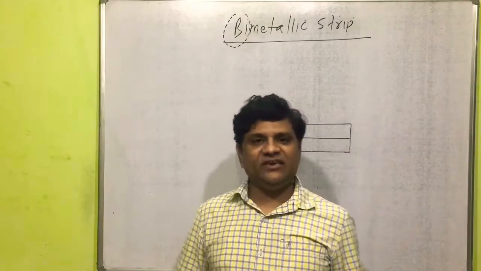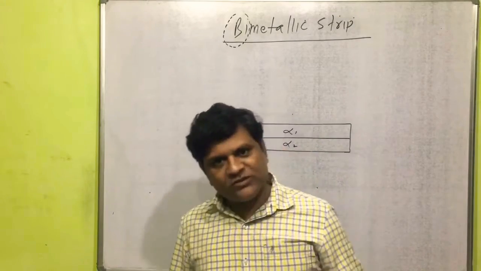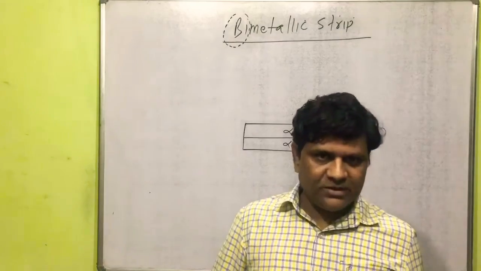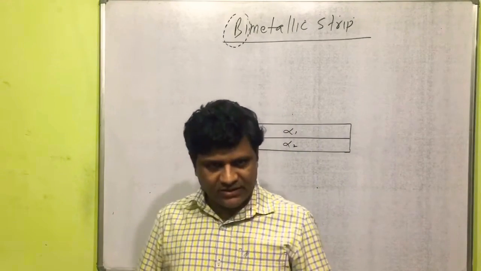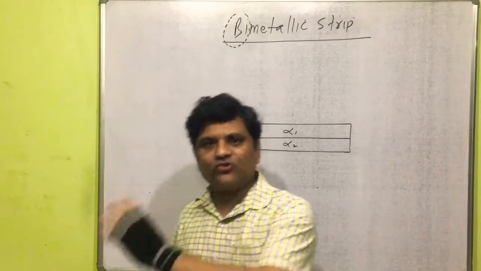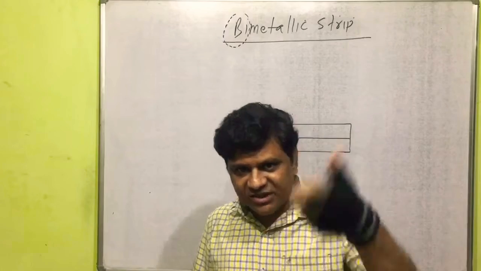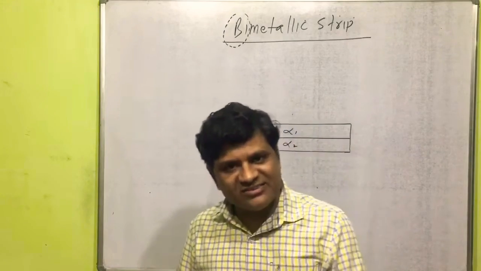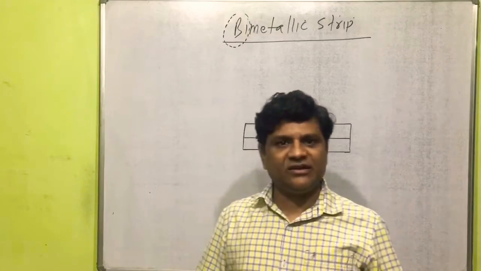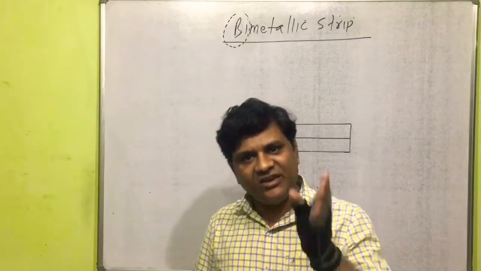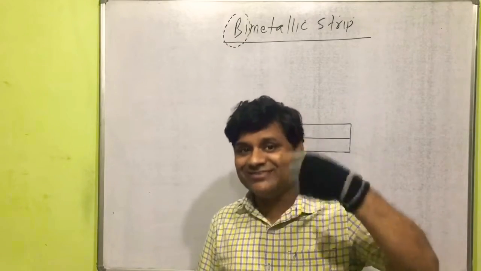Now the question is arising here, what is the use of the bimetallic strip? Simple, it is used for automatic breaking of the circuit to prevent excess heating in iron and in geyser.